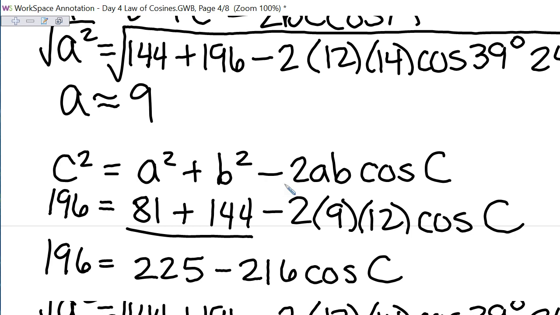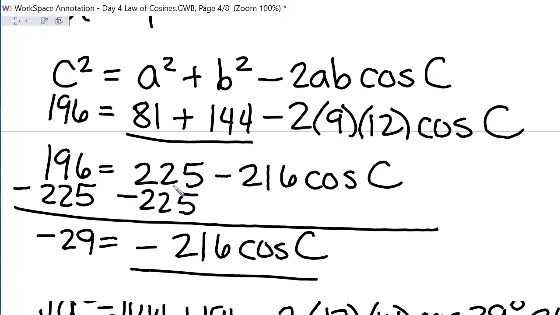To solve for cosine C, what do we do next? Subtract the 225 from both sides. What is 196 minus 225? Negative 29. Negative 29 equals negative 216 cosine of angle C. Divide both sides by negative 216.